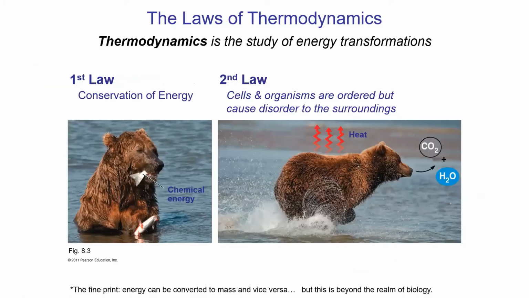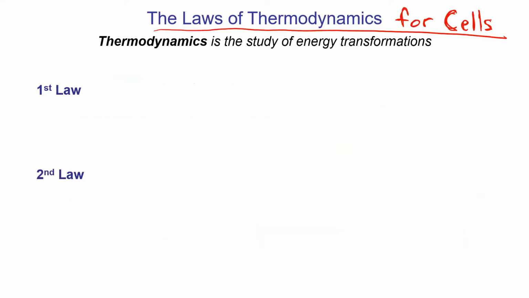So let's sum these up. There's the first law, conservation of energy. The second law has to do with order and disorder. I'm calling this the laws of thermodynamics for cells. The first law of thermodynamics is that cells cannot make or destroy energy.